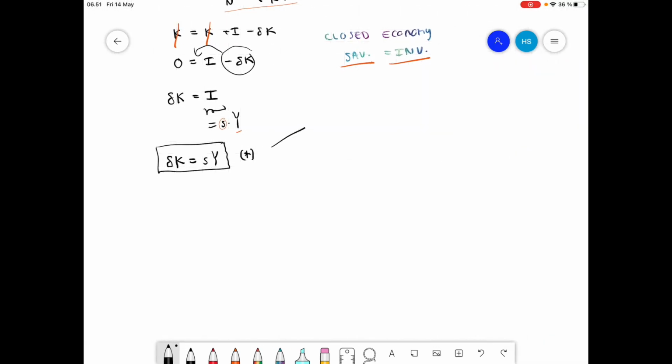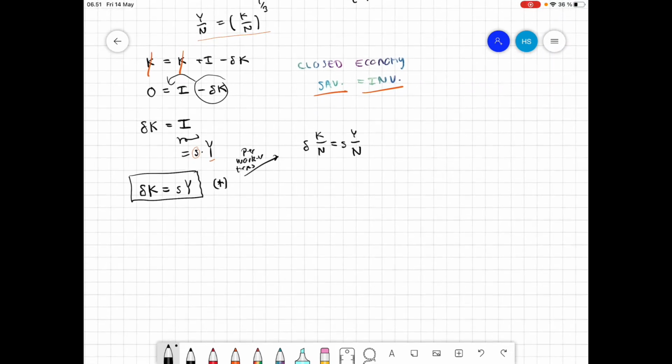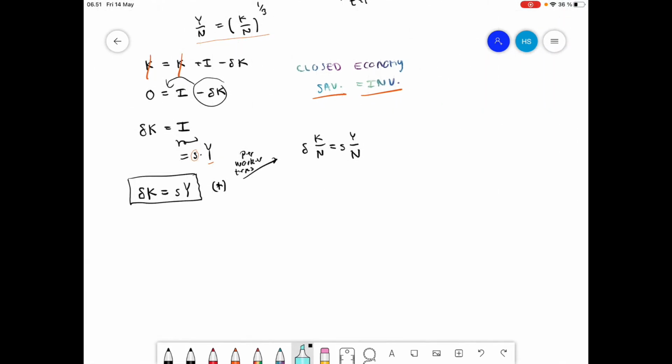Now we want to transform this equation to per worker terms. How do you do that? Well, we divide by n on both the left hand side and the right hand side.